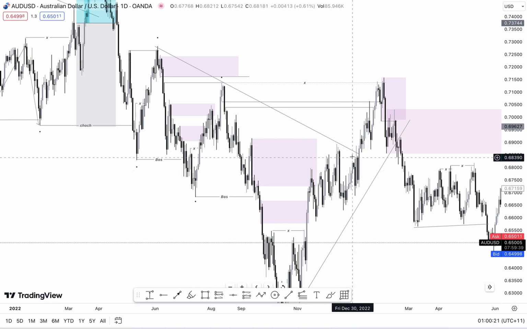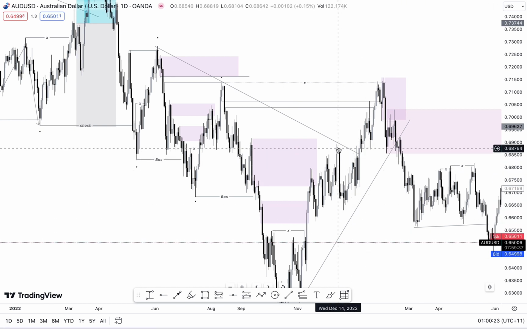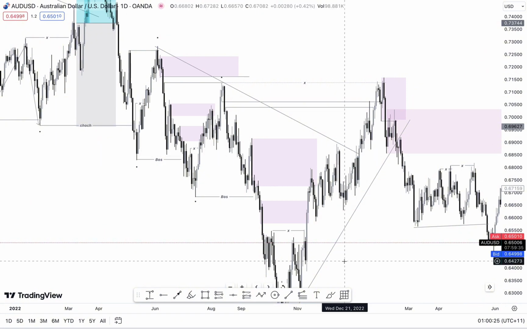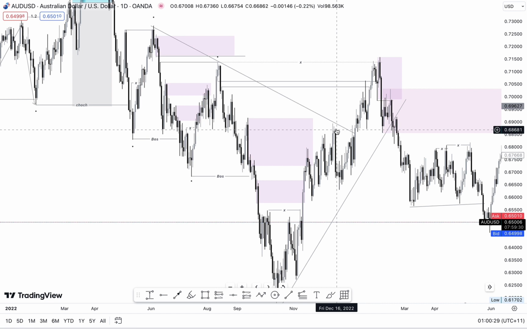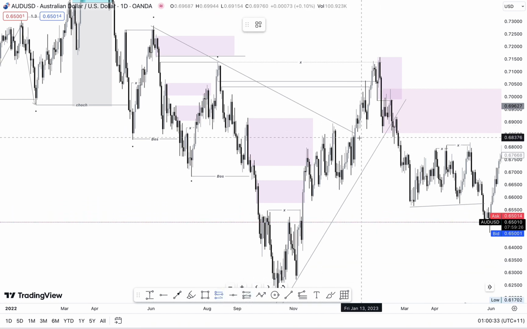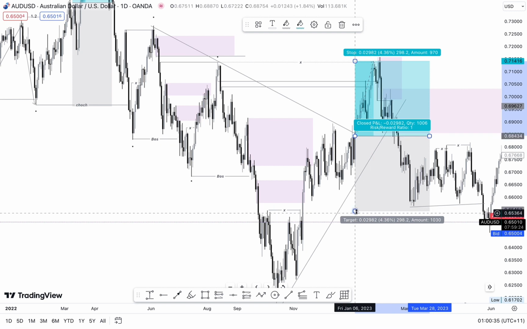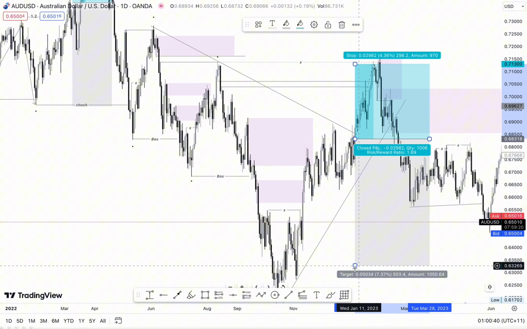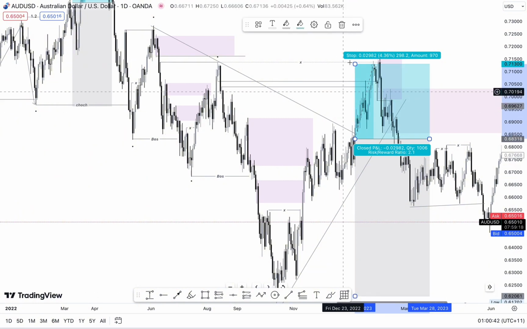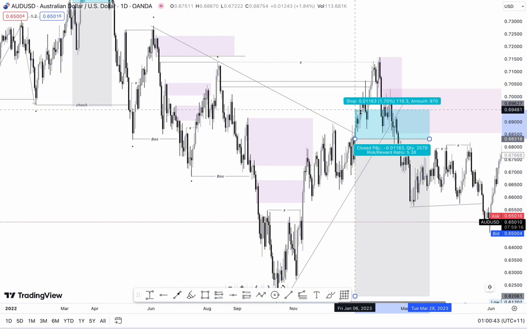You can see most of the trend line traders might want to start to sell from this fourth touch here, or even from here. But for the people that are selling from here, they put their stop loss here, this swing low, pardon me.